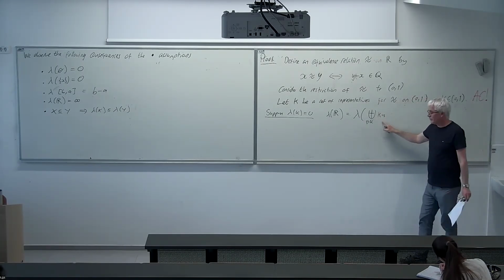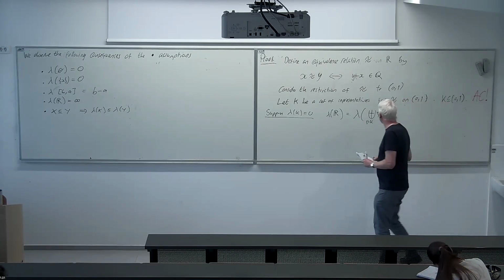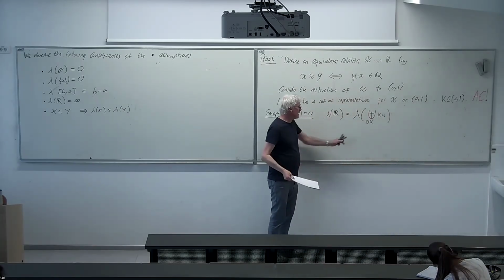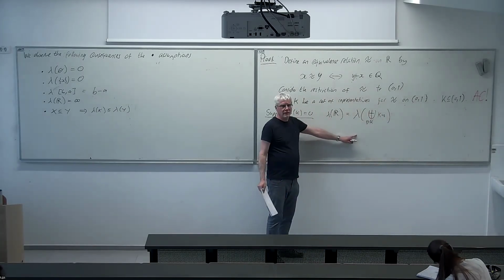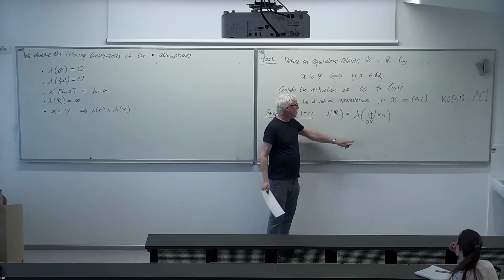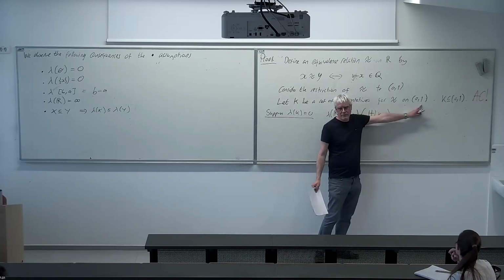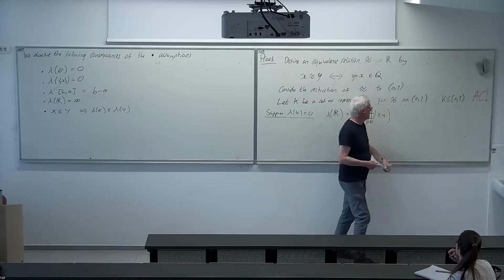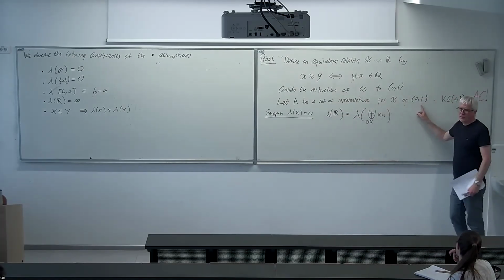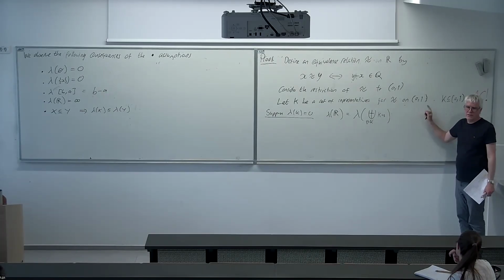Why is this? Firstly, for every real number, there is some number in the interval [0, 1] that differs from that real number by a rational.